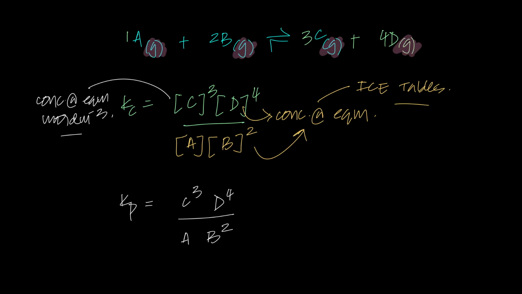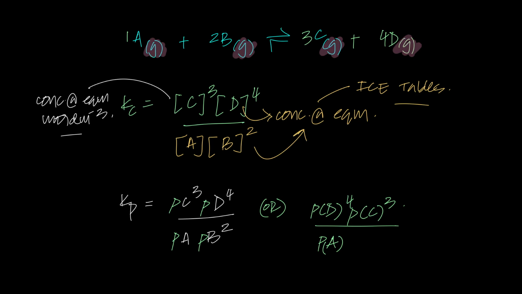The nomenclature is that you put a slanted P like this. This P represents that now you're talking in terms of partial pressures. So it's partial pressure of C into partial pressure of D, divided by partial pressure of A into partial pressure of B. Instead of square brackets, we use this slanted P. In some books, they also write it like this: P D to the power of 4, P C to the power of 3, divided by P A, P B squared, with parentheses.